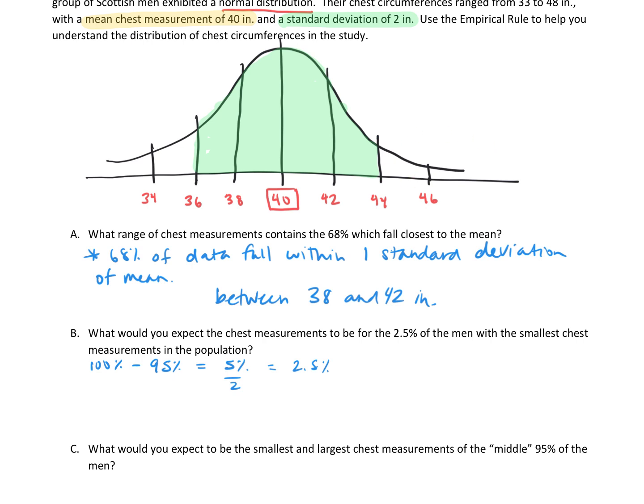We want 2.5% of men with the smallest chest measurements. So if we cut that 5% in half, this is 2.5% and this is 2.5%. So we want the lowest. So we want that lower. We can say that 2.5% of the data will be less than 36.